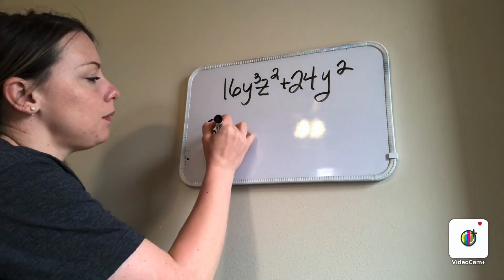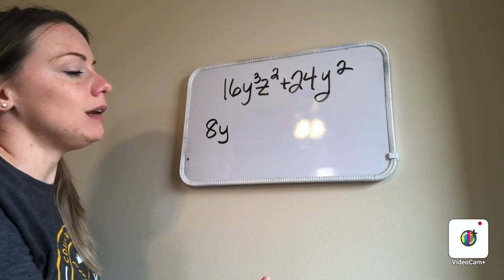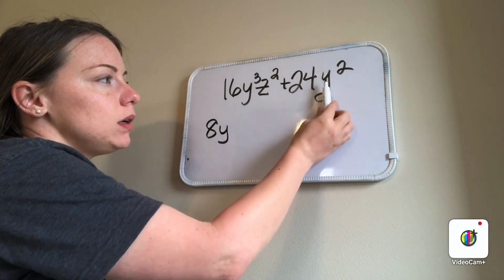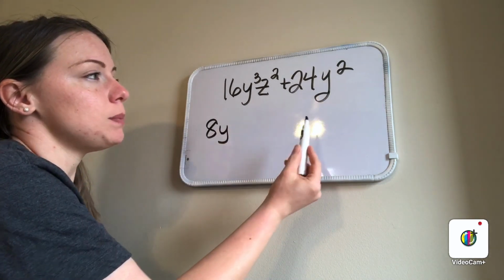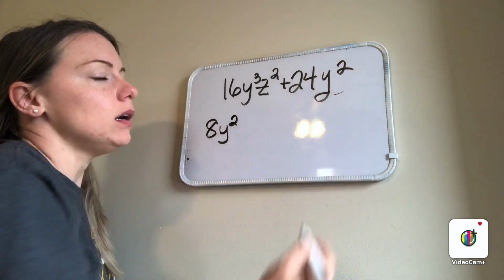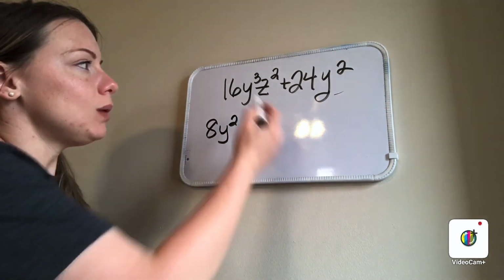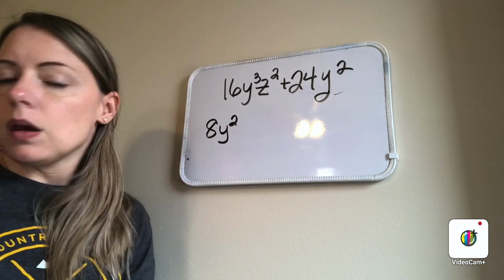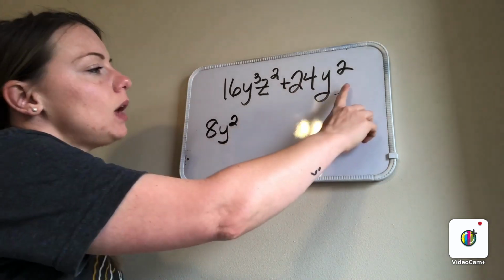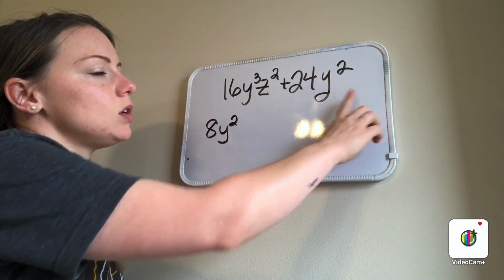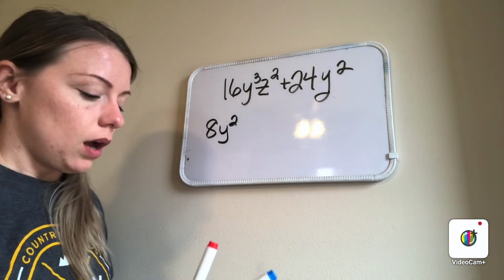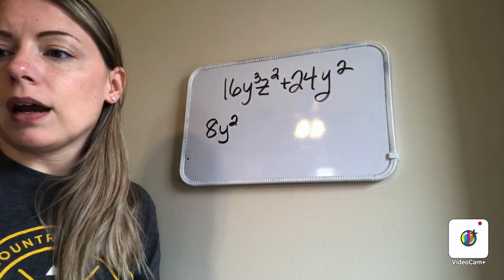Whatever the most you can factor out is the smallest amount of that variable in either of your terms, because after y squared there's nothing here, so it's run out. It's okay that this one has leftovers. One more thing: there's a z squared here, and there's not any z squared in my second term. That's fine, we just don't take out any z. It doesn't factor out. Let me pull that computer back up.